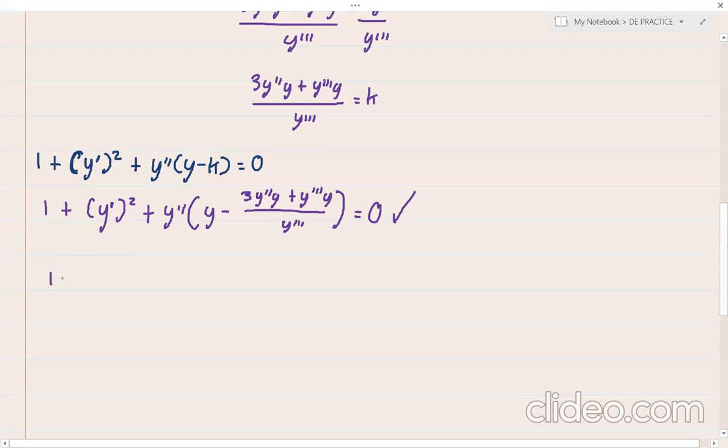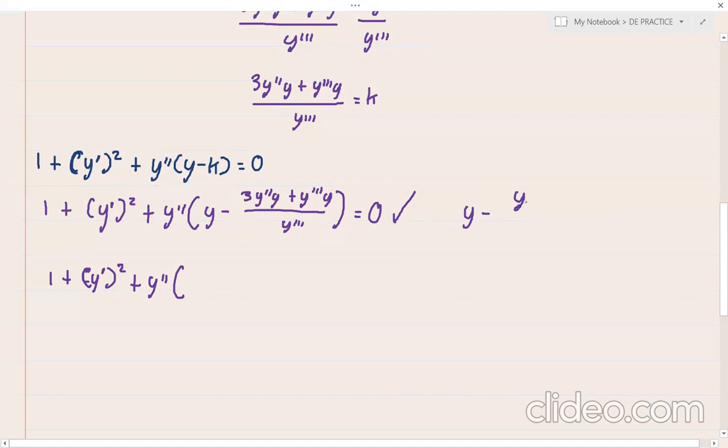Since ito na yung final answer natin, but I wanted to simplify it, so we will simplify this one. So, we have 1 plus the square of y prime plus y second prime times quantity. Ito, I can make this one into a whole fraction by the application of butterfly technique. I think naturo ko na yata sa inyo kung paano mag-butterfly technique. Okay? Basically, kopyahin ko to.